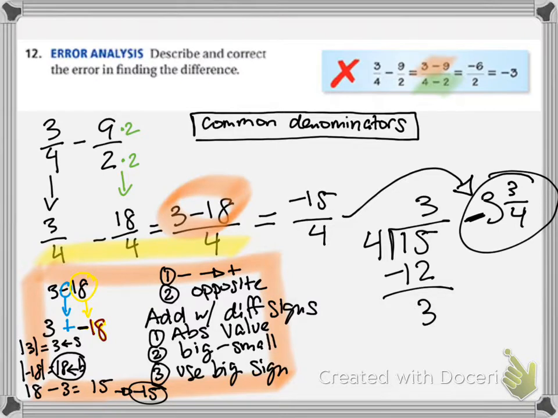The first thing we did was we found common denominators. So they made a mistake super early on. They did not find common denominators, so their subtraction was wrong. And yeah, that's pretty simple. Their mistake was so early on that we didn't even need to do all this work, but it's good practice, so I don't regret it.